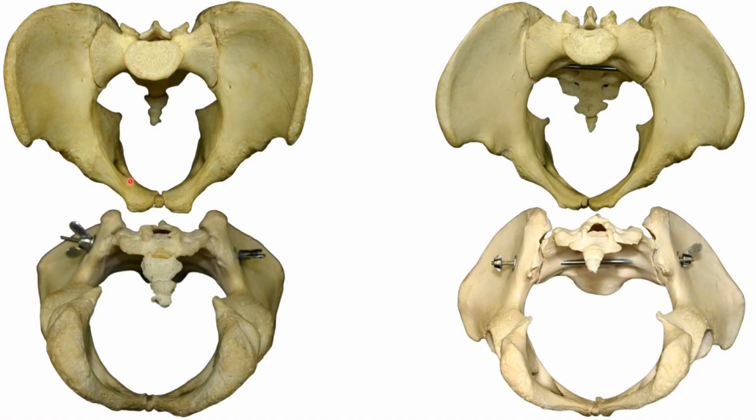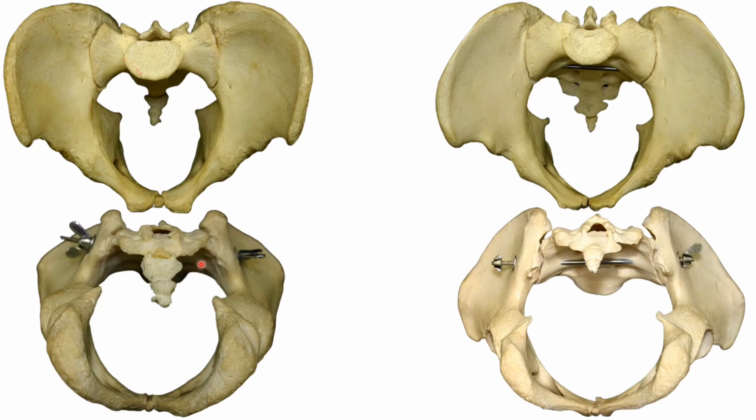Now let's discuss the differences between male and female pelvis. This is male pelvis superior view. This is female pelvis superior view. This is male pelvis inferior view. This is female pelvis inferior view. Pelvic inlet is heart shaped in case of male. Pelvic inlet is oval shaped in case of female.